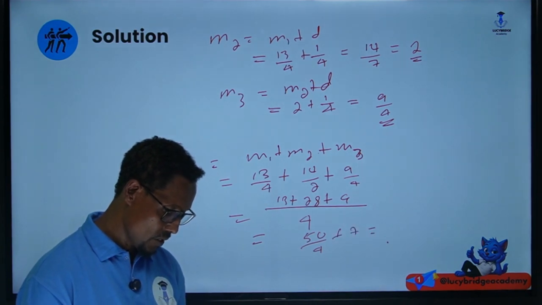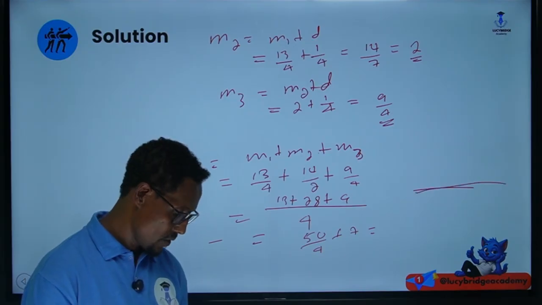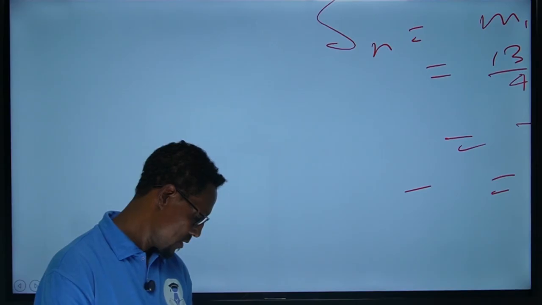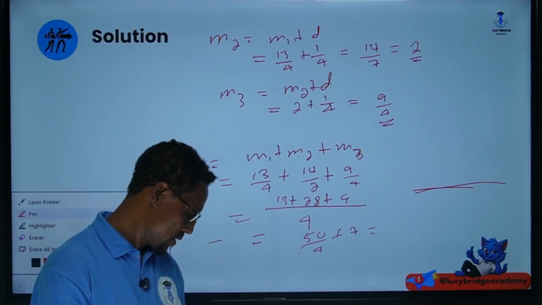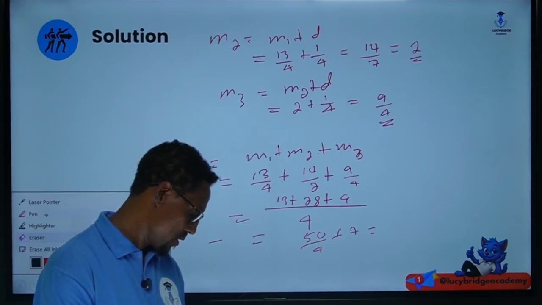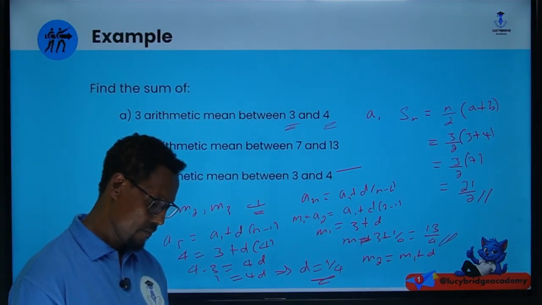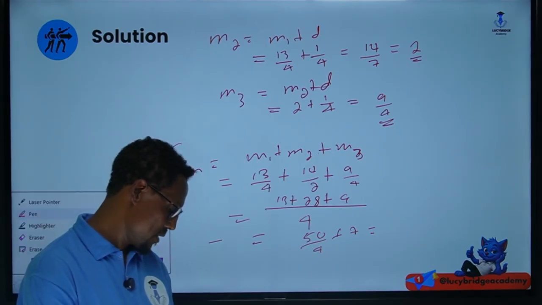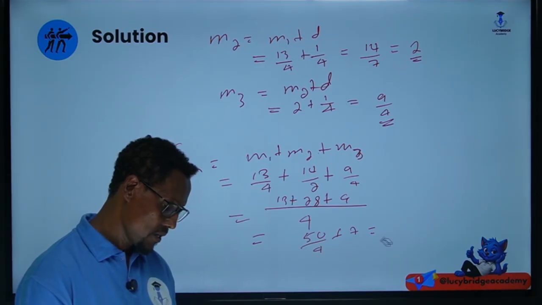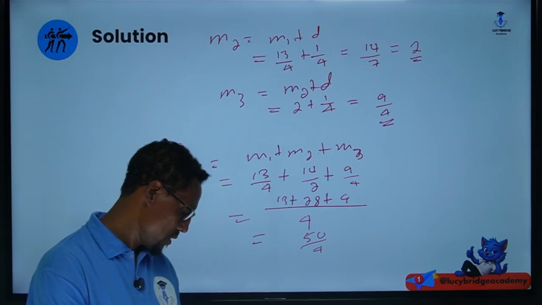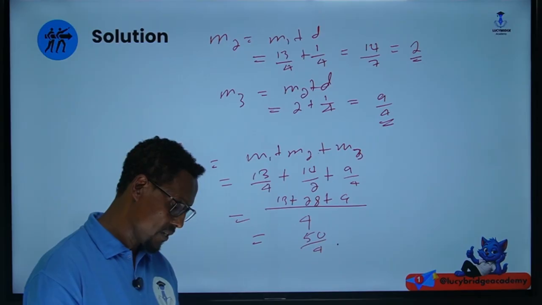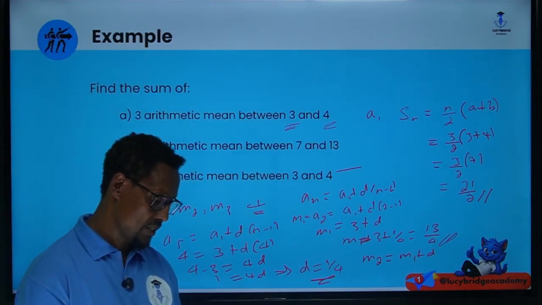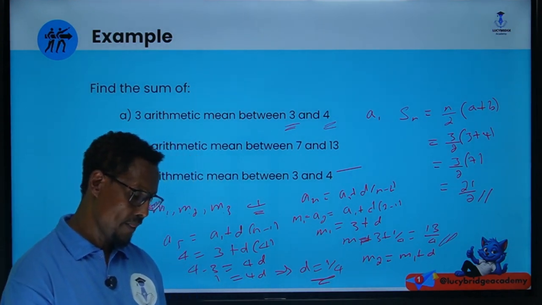Plus 7, which is equal to... Okay, when we simplify, we get 25 over 2. So I think we made a mistake somewhere. Here, D is 1 over 4. 13 over 4. Okay, A1 is 13 over 4.